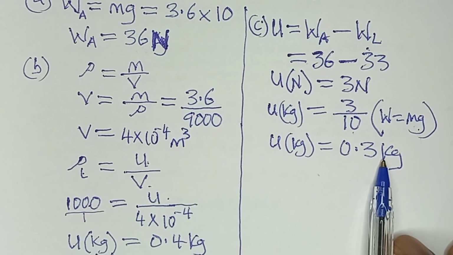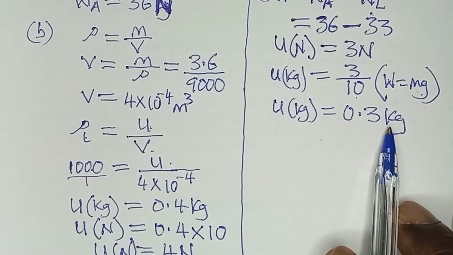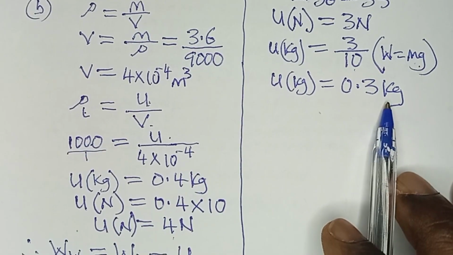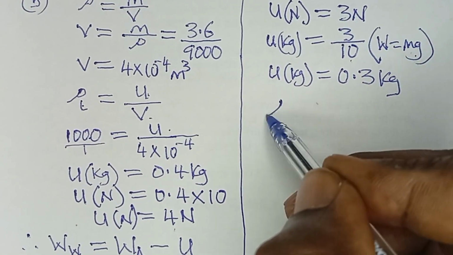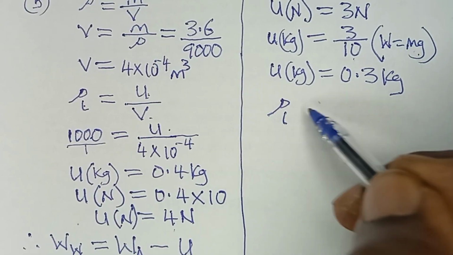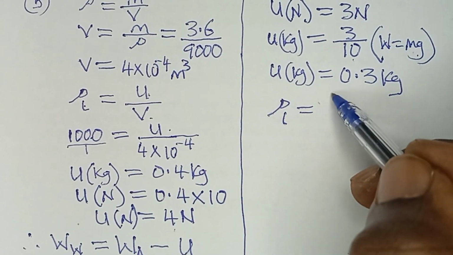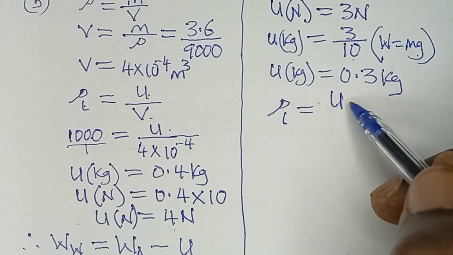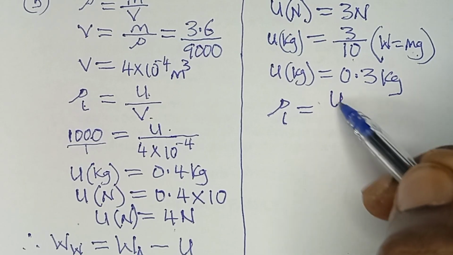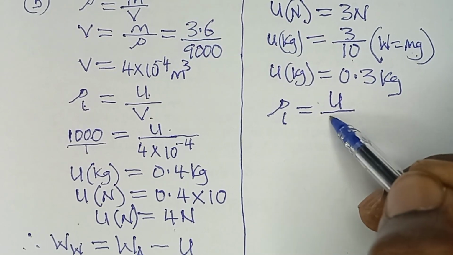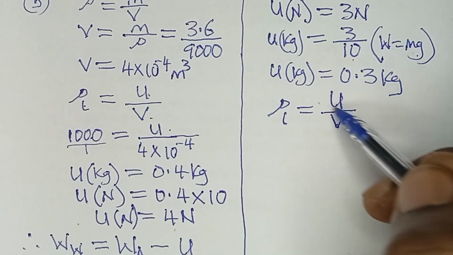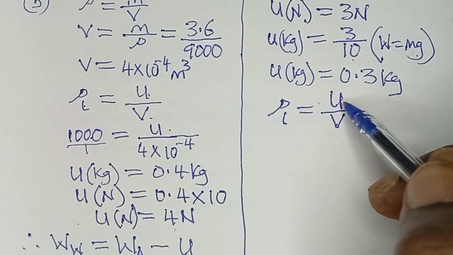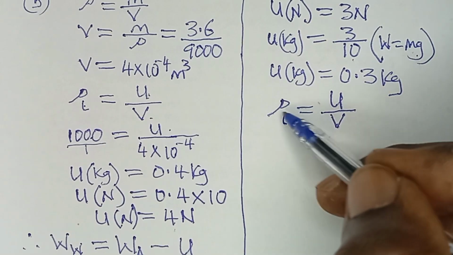So now, we can go to the density formula for that particular liquid. Don't forget what I gave you. That formula is very, very important. That the density of a liquid is equal to the upthrust it experienced in that liquid. This time, don't forget the upthrust must be in kilogram, all over the volume of that solid in the liquid. So this is the volume of the metal. This is the upthrust it experienced in the liquid, upthrust in kilogram. And this is the density of the liquid.